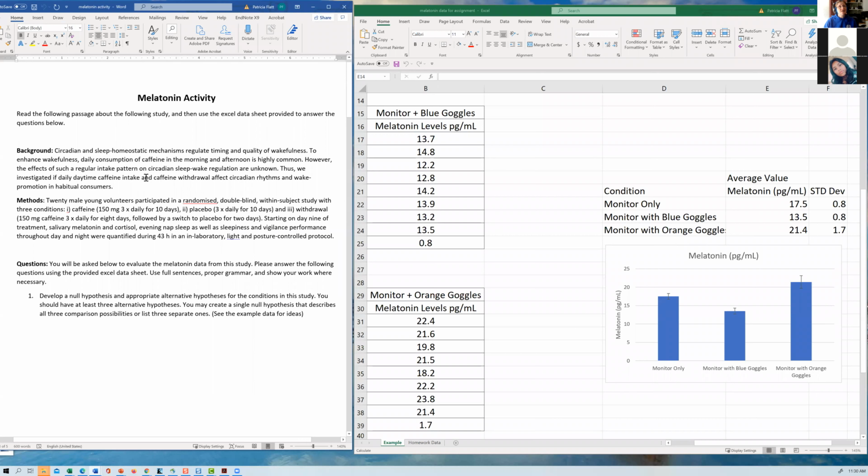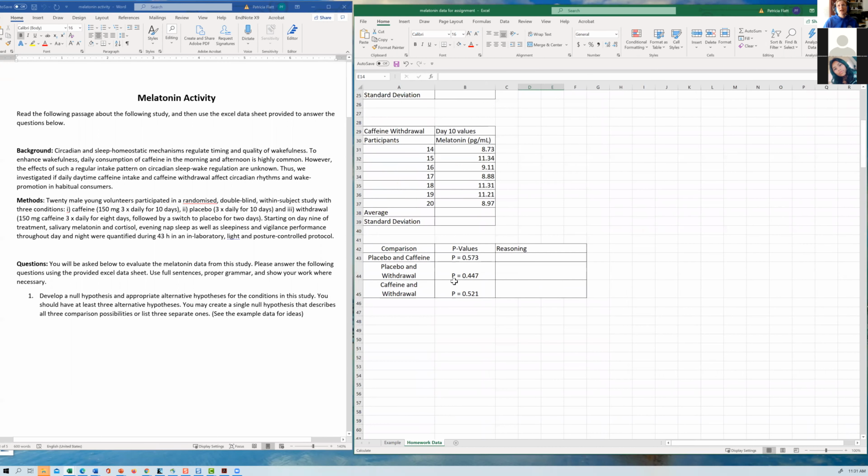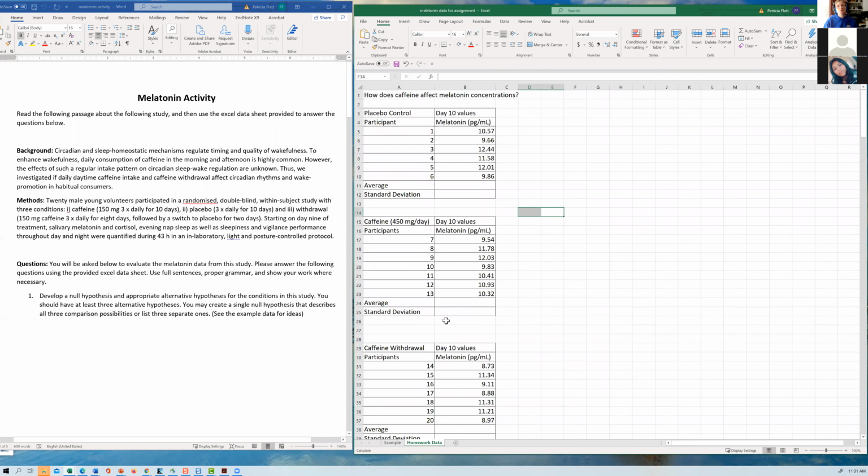We've been talking about that today. In this study, they're wondering how daytime caffeine intake will affect melatonin levels, right? So this is similar to what we just saw with the monitor only, the monitor with blue goggles, and the monitor with orange goggles. In your data set, this is your example page, and your homework data is on tab 2. To get to your homework data, click down here on tab 2, and that will bring up the data set you'll be working with in this study.